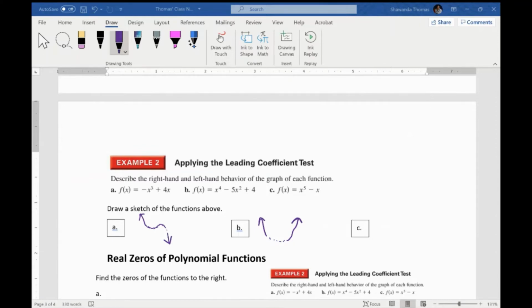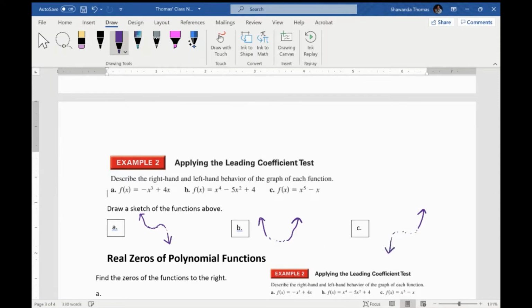Because degree 5 is an odd degree. Yes. It's going to resemble the cubic. Since it's a positive leading coefficient, what's going on the right hand side? It's rising. Very good. And on the left? It's falling.